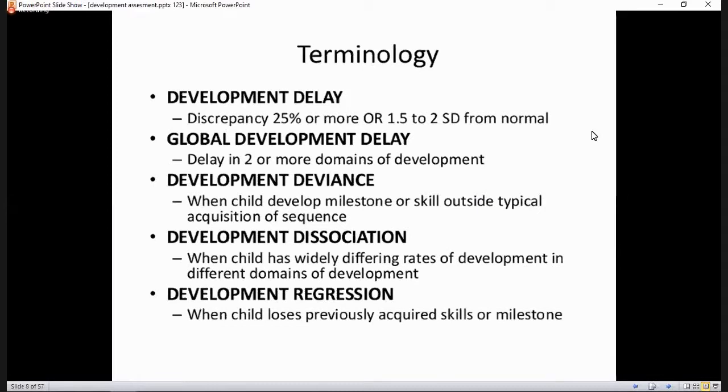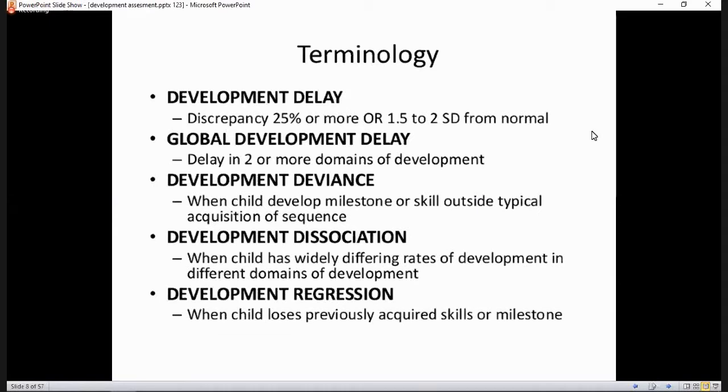One is the development delay. I already said it is usually a delay of more than 2 standard deviations from the normal. How to calculate? That will be discussed in subsequent slides.